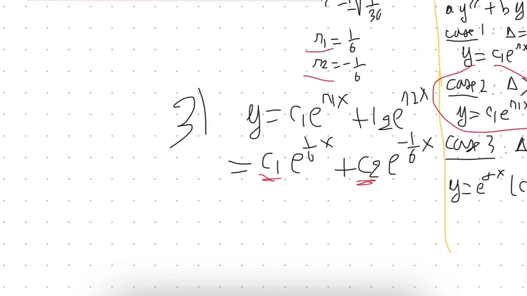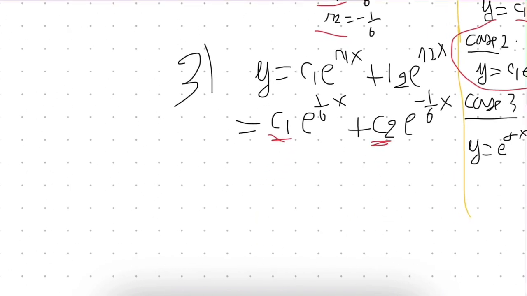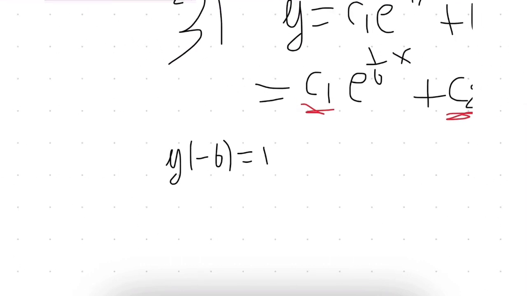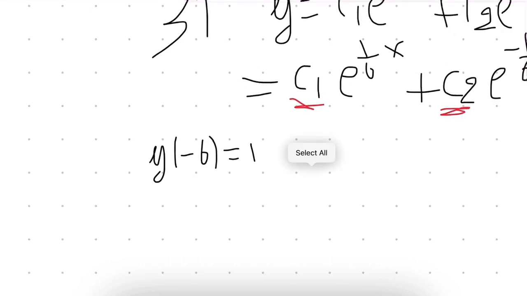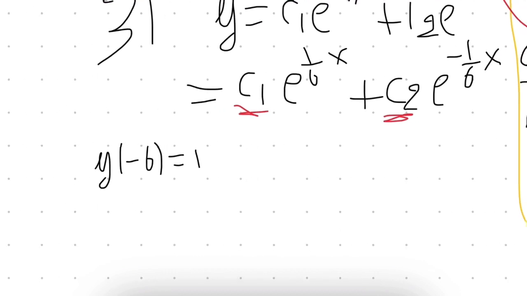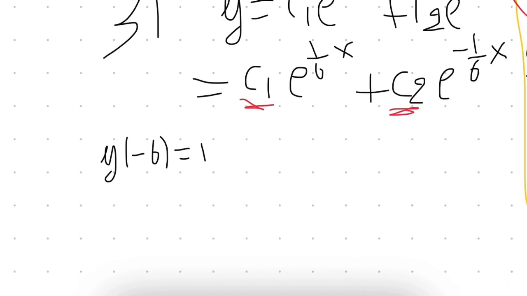So we're going to start with y(-6) = 1, use our equation just above, and replace x by minus 6.